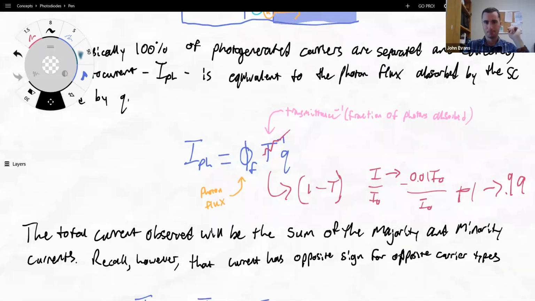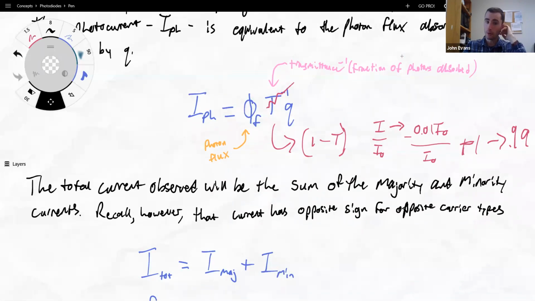All right. Now, the total current that you observe for a device is going to be the sum of the majority carrier current and the minority carrier current. You have to put both of them together. This is true anyway, it's just that typically, like at equilibrium, they're equivalent, so they go at the same rate in opposite directions.